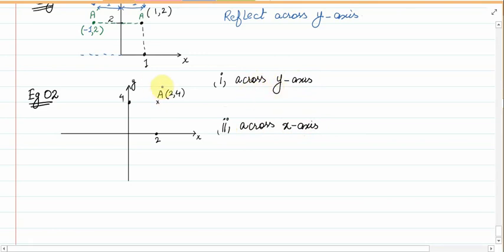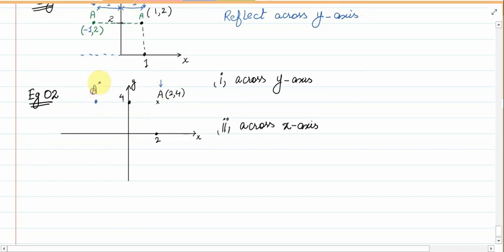Starting with the first part, when you are reflecting the point across y-axis, this point object, when we reflect it with the y-axis, will appear on the left side, right? That is very common sense, that the reflection of A with this line will be flipped over here. So I am going to mention the point A dash here.